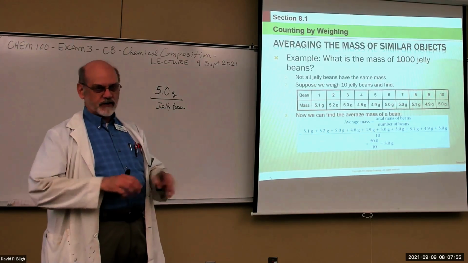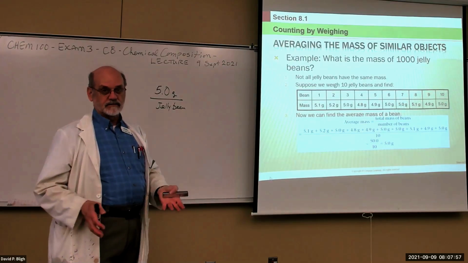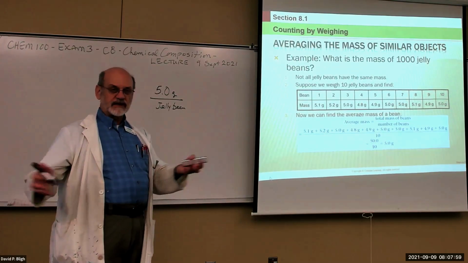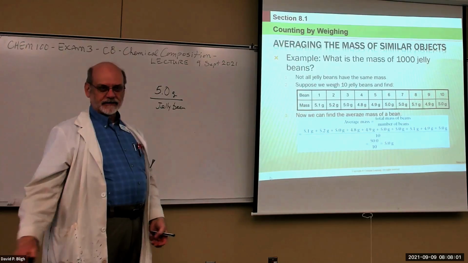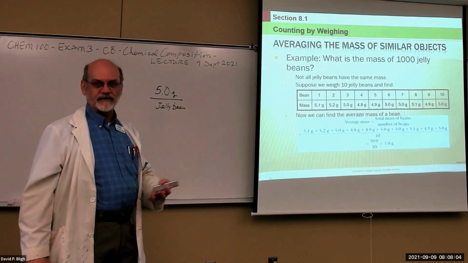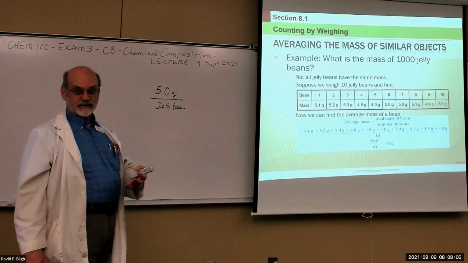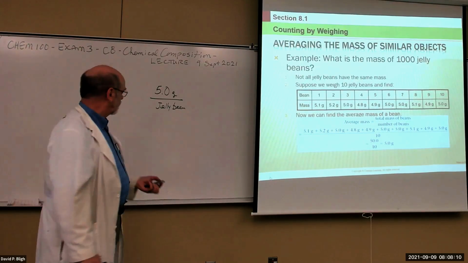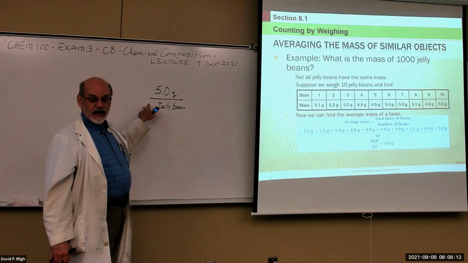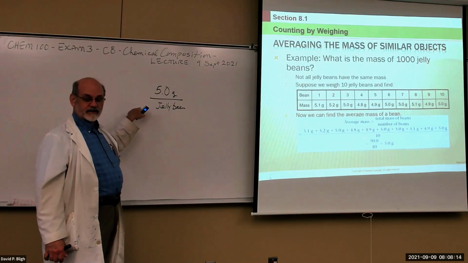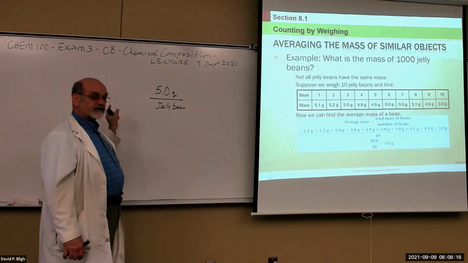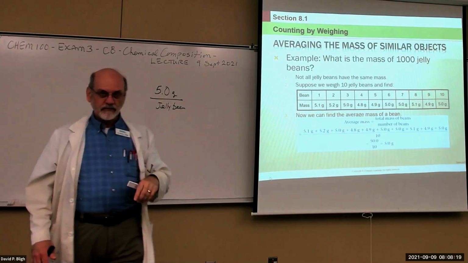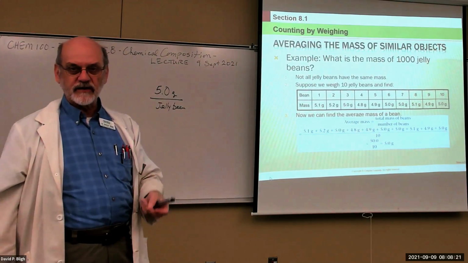Suppose we don't know that there are exactly 1,000 jelly beans. It could be 987, or it could be 1,025. So we don't know that. We just assume that we have 1,000 jelly beans. But if we weigh them after finding this conversion factor, we can determine pretty close how many jelly beans there are.